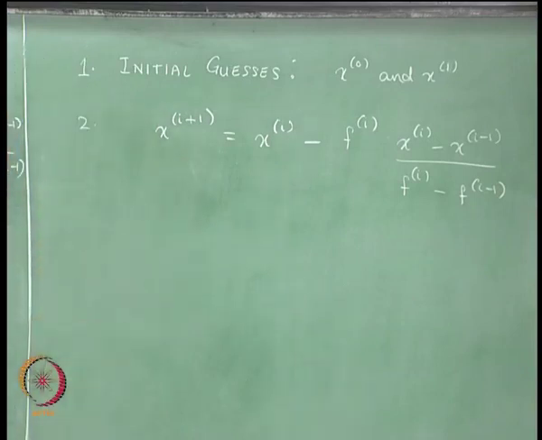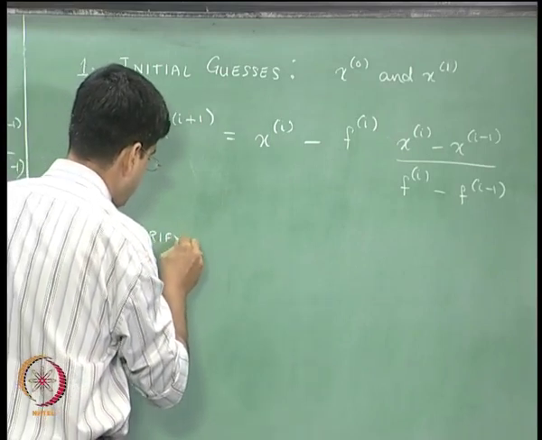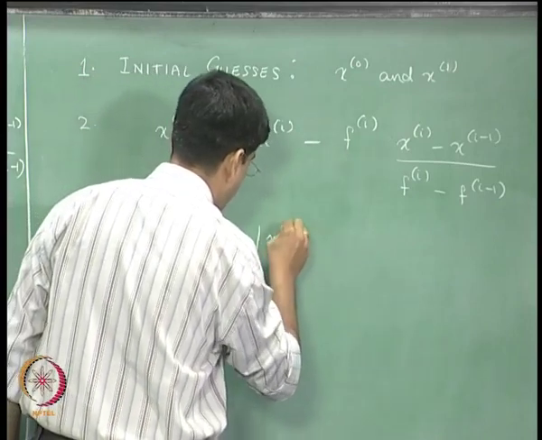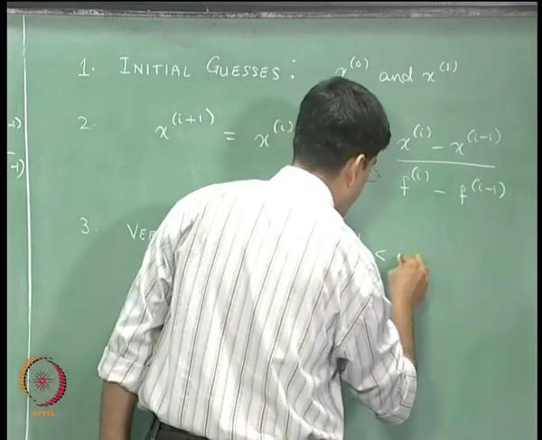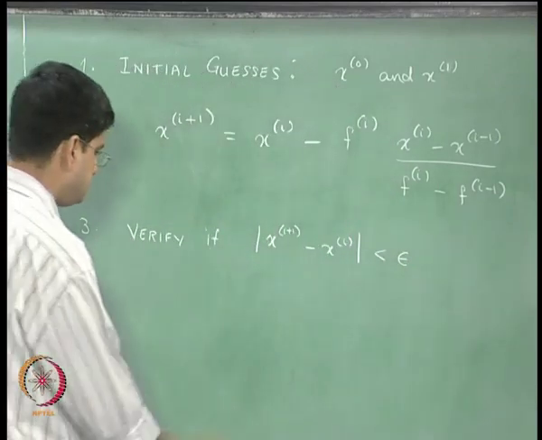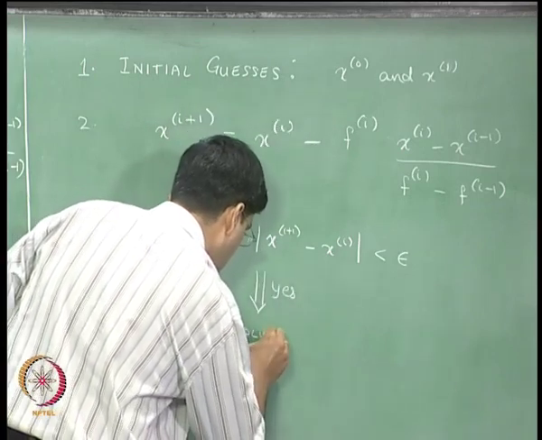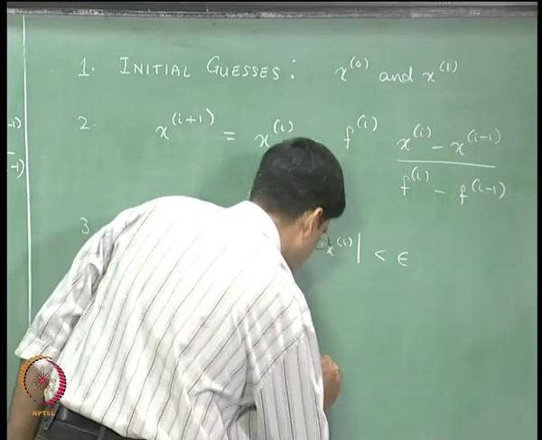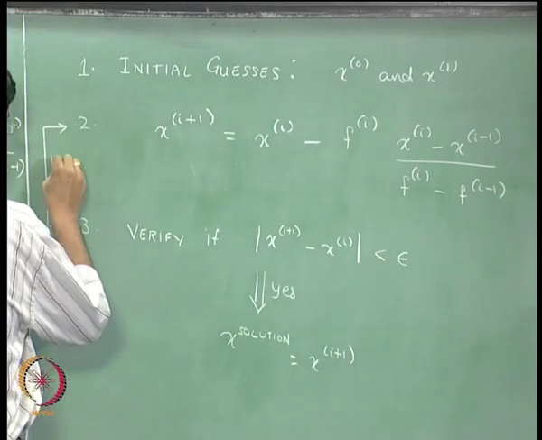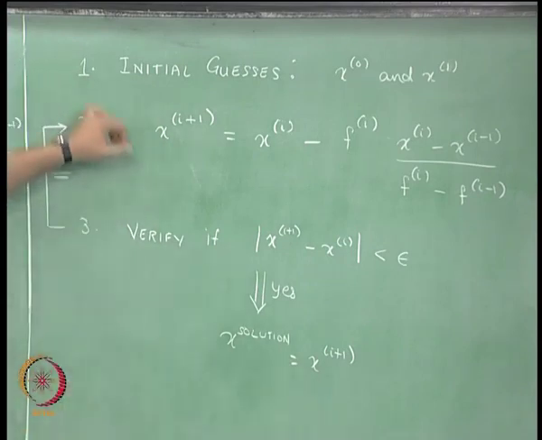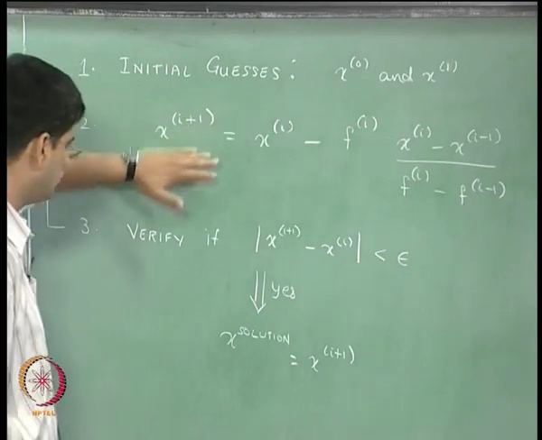This is going to be our xi plus 1. So the initial guess is x0 and x1, and xi plus 1 is going to be determined through this particular expression.